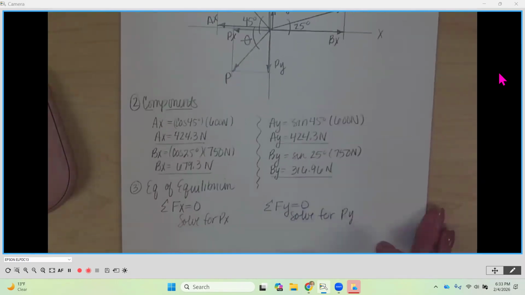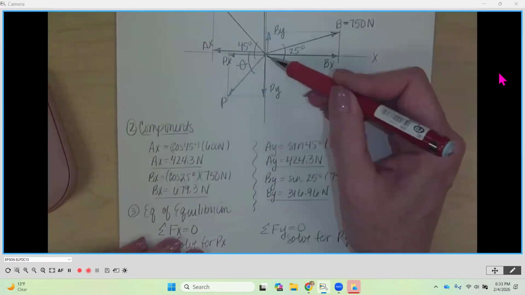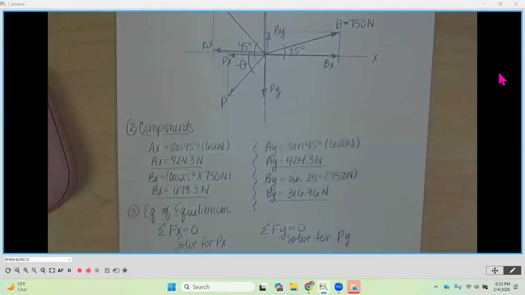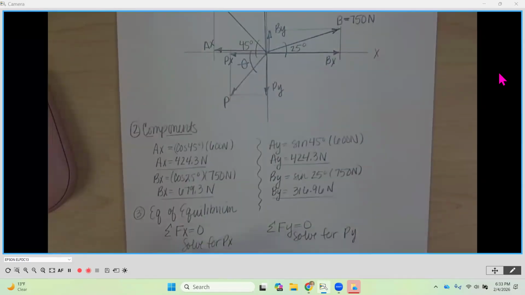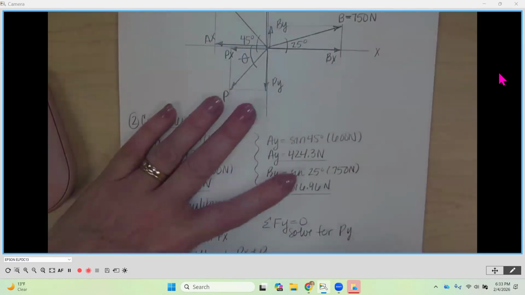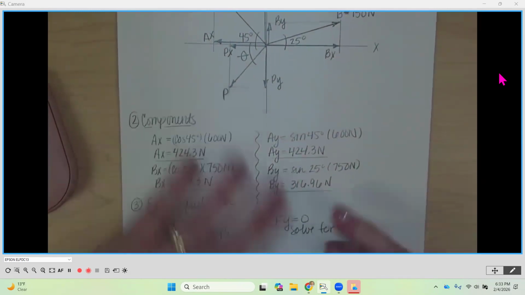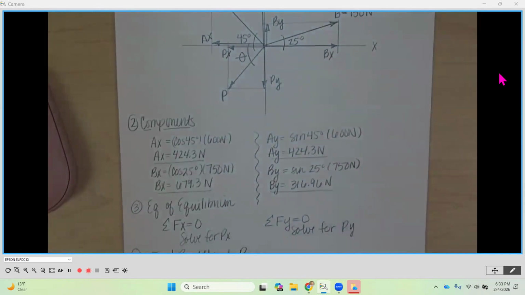All right. Then to solve for P, if you have PX and PY, your step number 4 is going to be find the resultant P from PX and PY. And you did that in module 2.